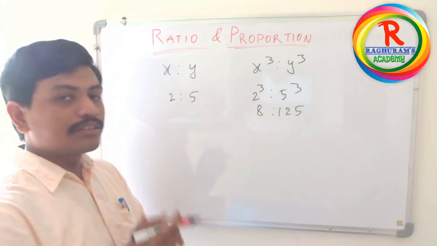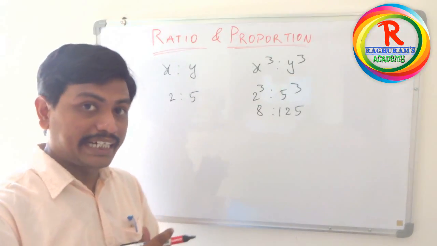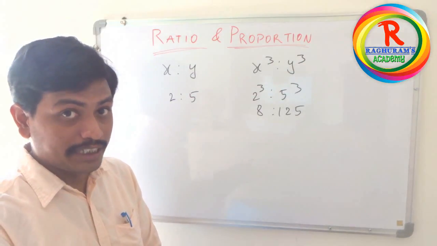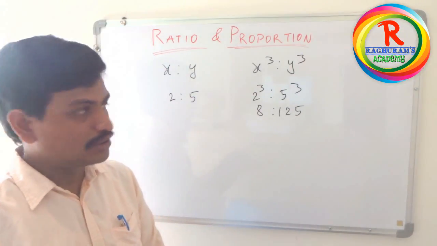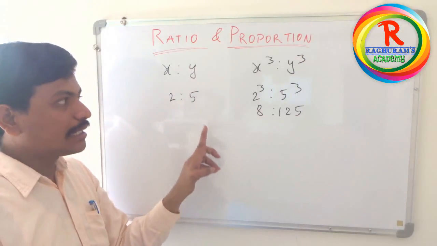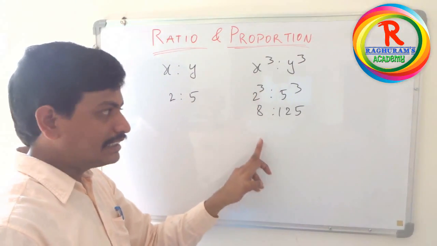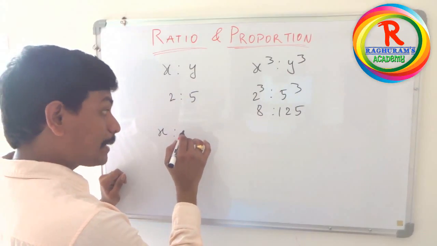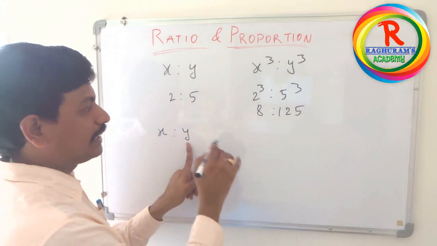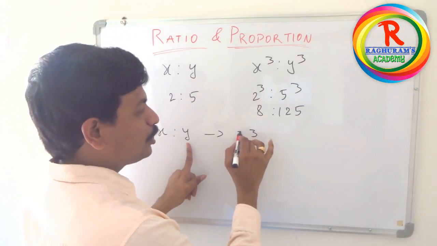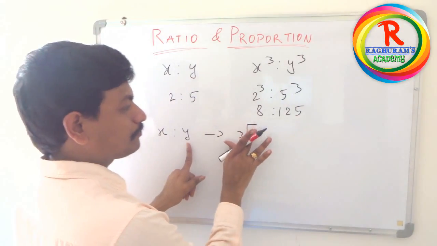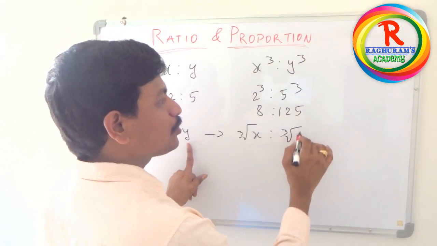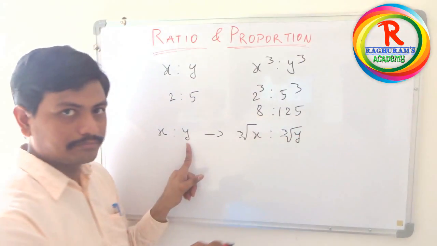The fourth type is sub-triplicate. We have seen duplicate and sub-duplicate, that is square and square root. Here triplicate and sub-triplicate are cube and cube root. The sub-triplicate of x is to y is given by the cube root of x is to the cube root of y.